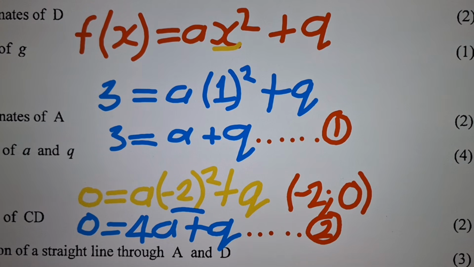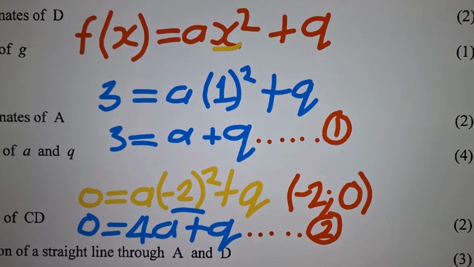Since there are only 2 equations here, we're going to be solving for a and q simultaneously. What we can do is use substitution. For example, we make one variable the subject of the formula in a certain equation. Let's use this equation here, 0 equals 4a plus q.